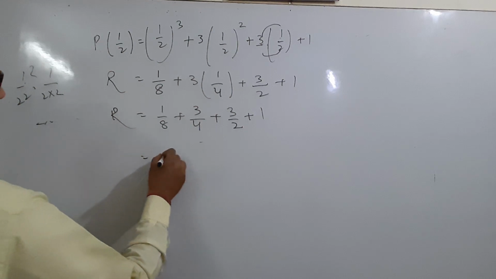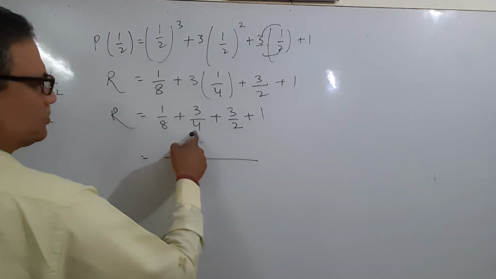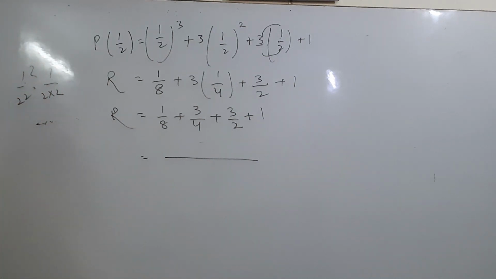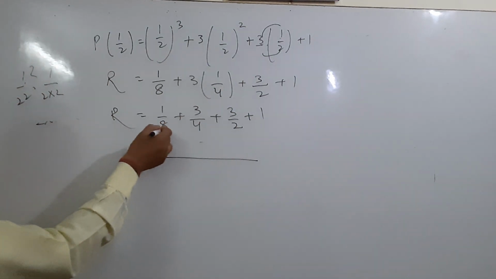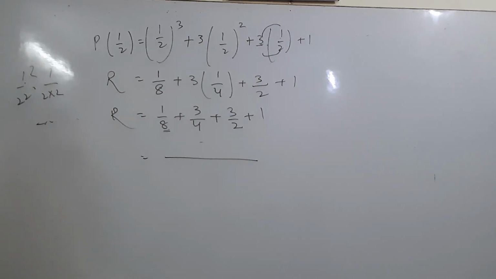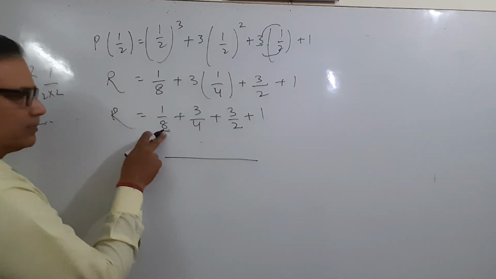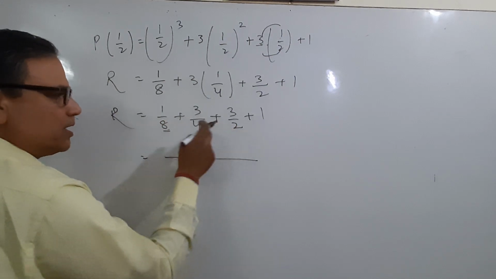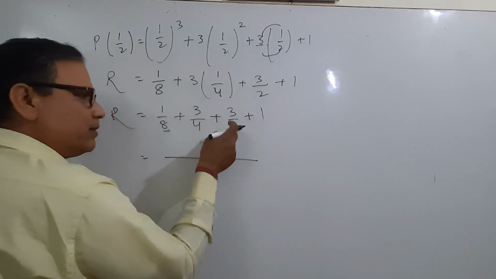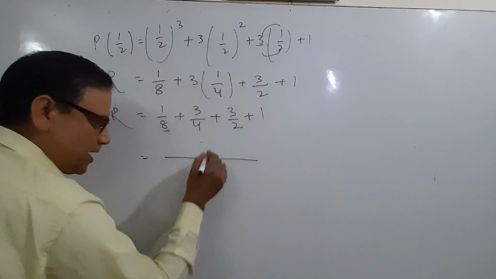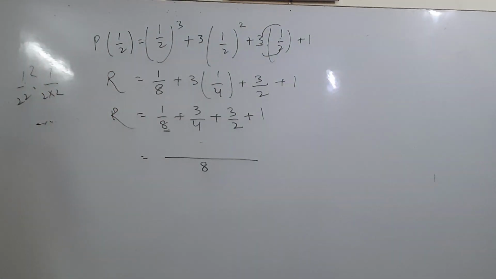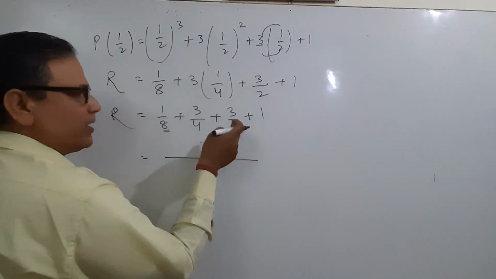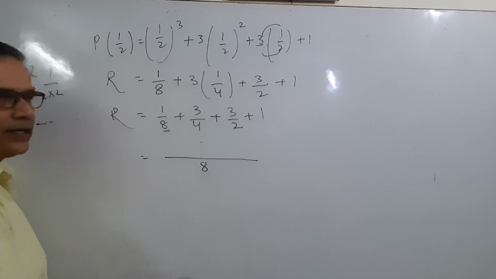What is the LCM of 8, 4, 2? Now the direct method to take LCM: select the larger number, which is 8. Is 8 divisible by 4? Yes. Is 8 divisible by 2? Yes. Since 8 is divisible by both 4 and 2, the LCM is 8.